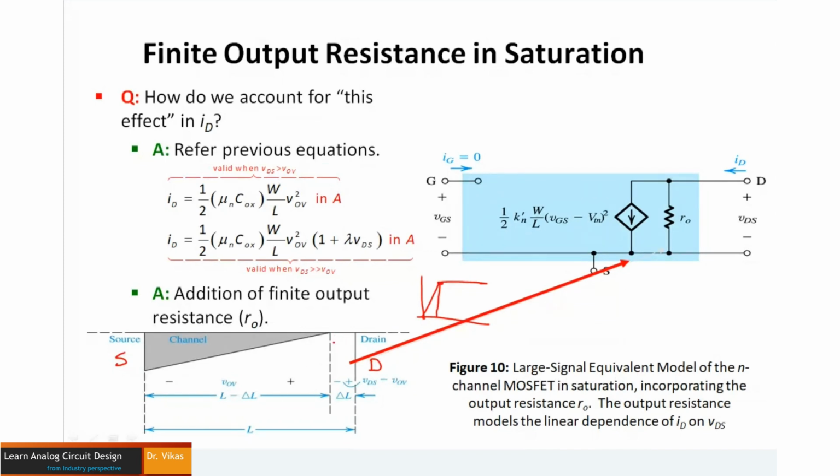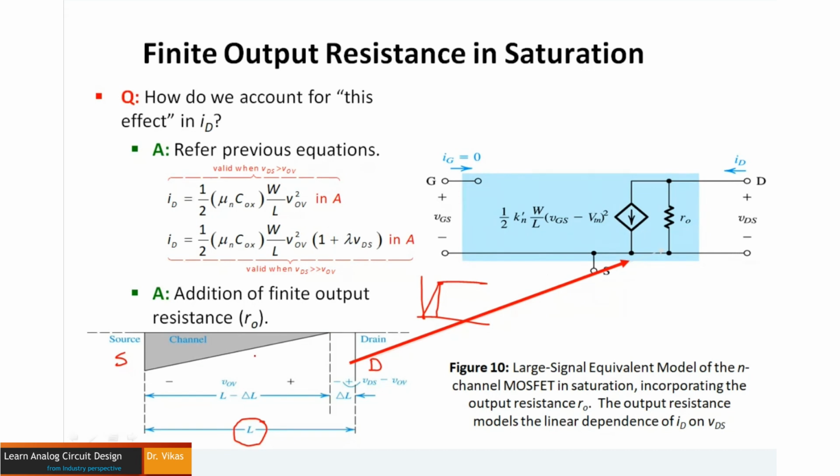This particular channel was eaten up by the extra depletion region that was caused towards the drain, and as a result, the length of the channel got decreased by an amount of delta L, because earlier my length was L, now my length got changed to L minus delta L, because this portion was eaten up by the reverse biased PN junction that formed towards the drain, and as a result the channel got its length reduced.